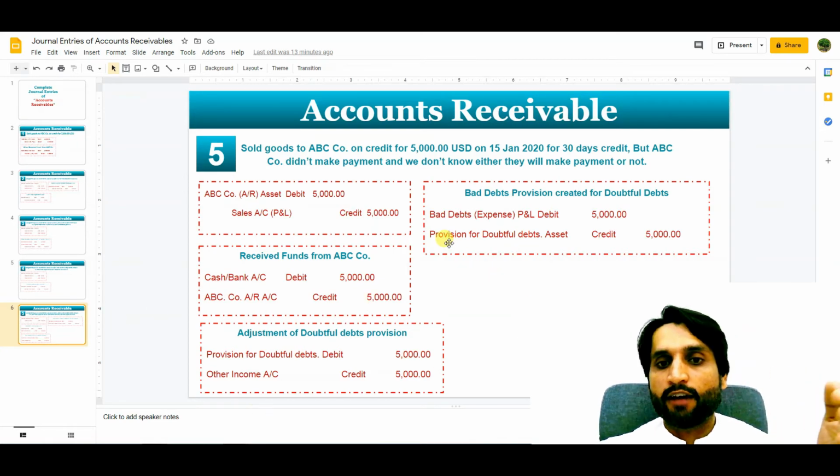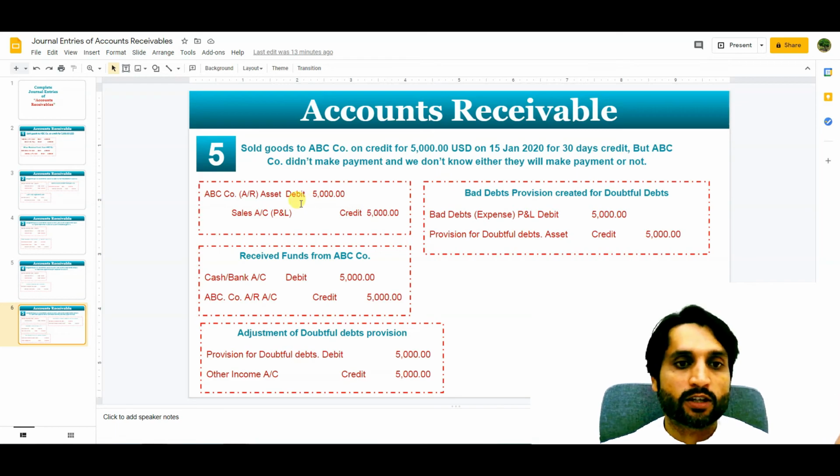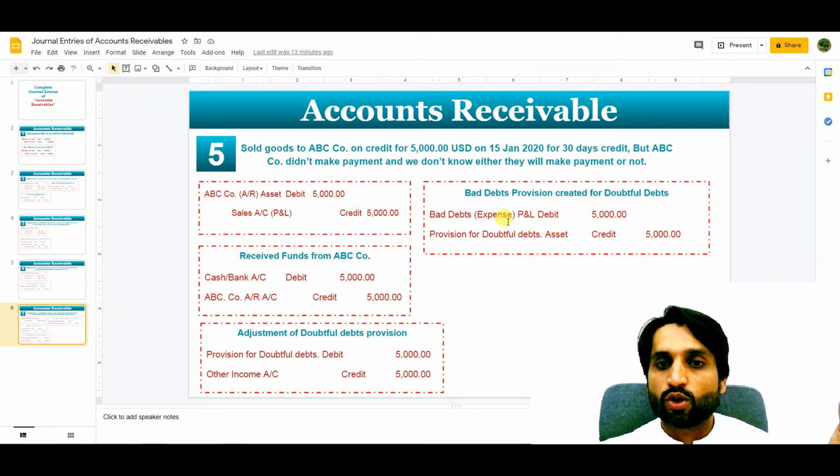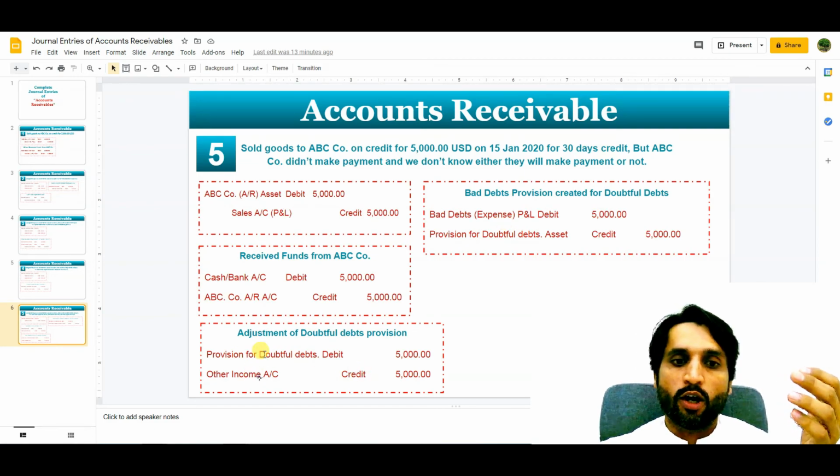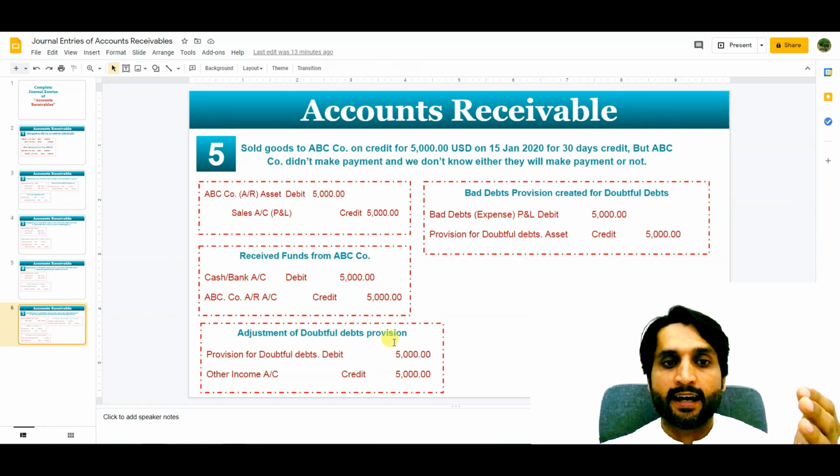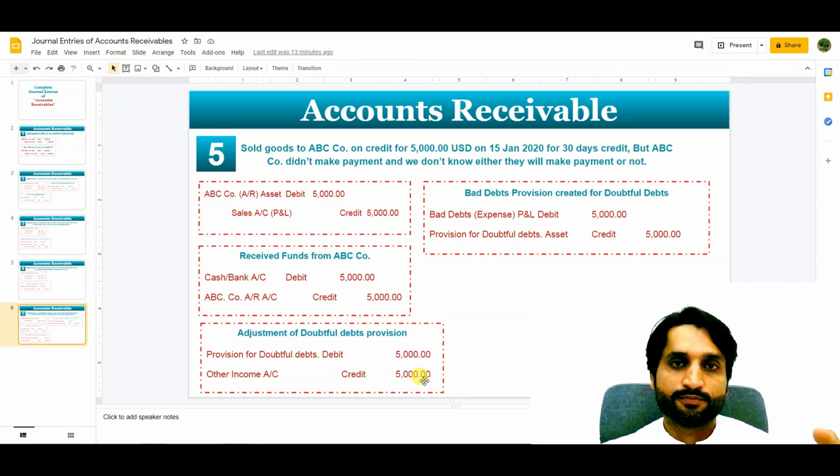As you know, we have created a provision for this debtor, so of course we need to adjust this provision. Adjustment of doubtful debts: as we have received funds from ABC company, we are going to make a journal entry to close the provision for doubtful debt, debit 5,000, and other income account will be credit for 5,000.